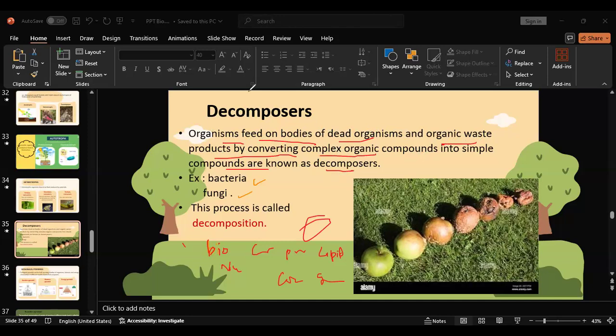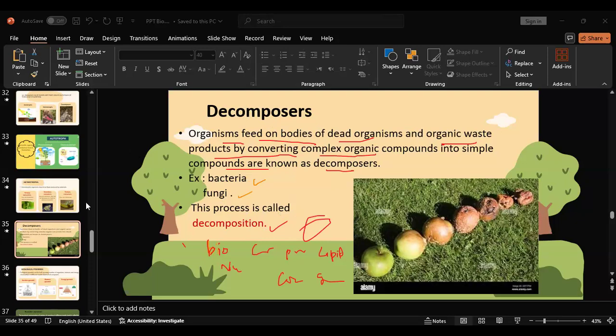They convert the complex compounds into simple compounds, and during that process they take the nutrition and energy. These are bacteria and fungi. This process is known as decomposition.